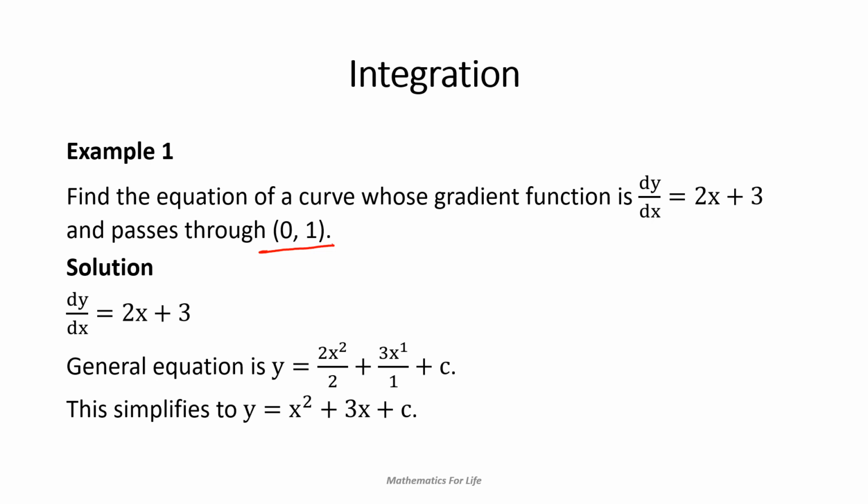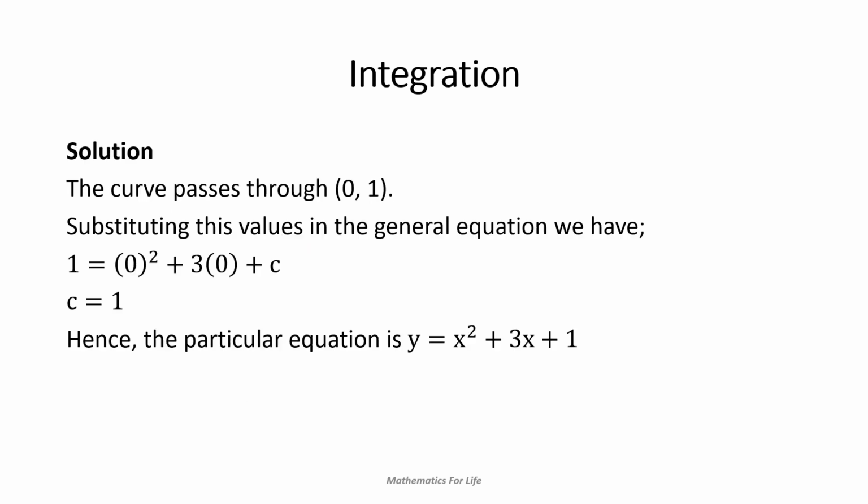Remember, we are getting that result by using the rule for integrating, which involves increasing the power of x by 1 and dividing by the resulting power, and then you add the arbitrary constant c. Now, our general equation simplifies to y equals x squared plus 3x plus the arbitrary constant c.